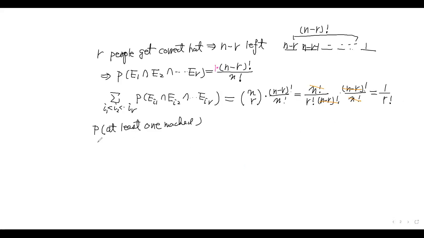This will be equal to the first term, the summation of P(E_i), i from 1 to n, minus the summation over i less than j, all the way to n, of P(E_i intersect E_j).